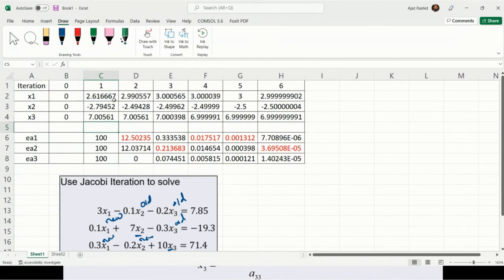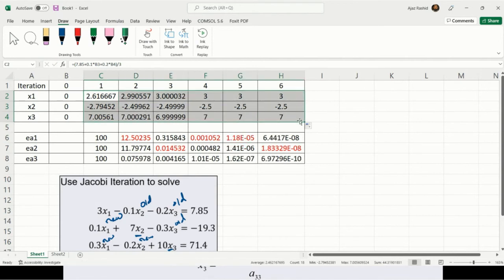So this approach makes our convergence faster. You can see that we have reached the true solution much quicker than what we had earlier using the Jacobi iteration. So that's the only difference between the Gauss-Seidel and the Jacobi iteration. The Gauss-Seidel iteration says wherever possible, use the new values and don't use the old values.